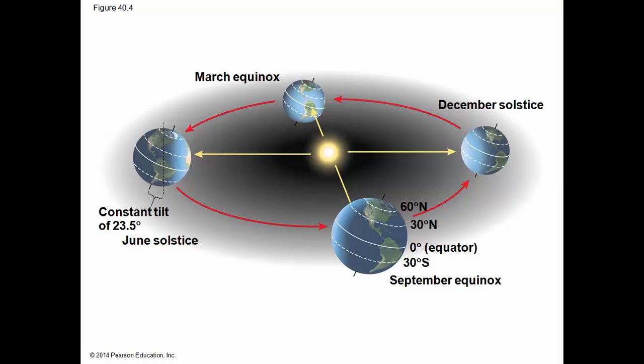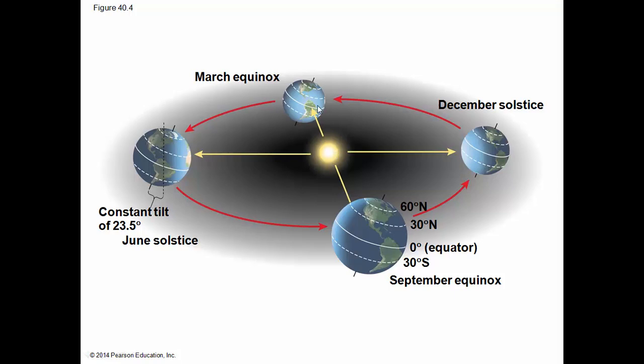Okay, so here is the seasonal variation in sunlight intensity. Because the Earth is tilted on its axis relative to the plane of orbit around the sun, the intensity of the solar radiation varies seasonally. This variation is smallest in the tropics and increases towards the poles. So basically, here's the equinox.